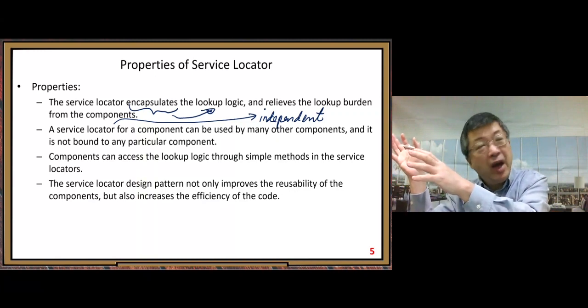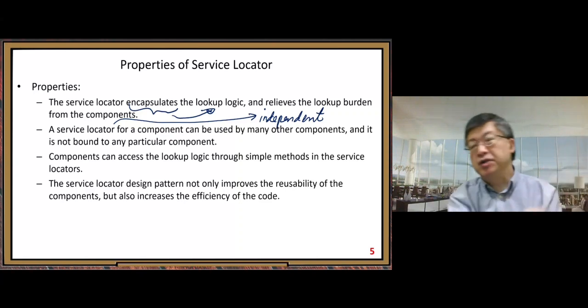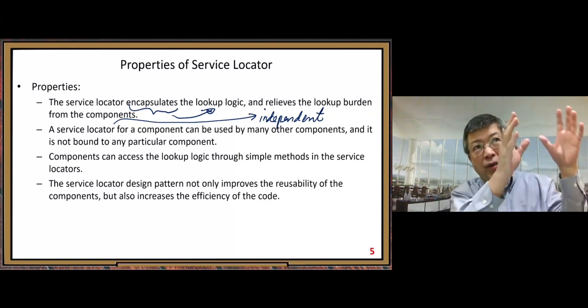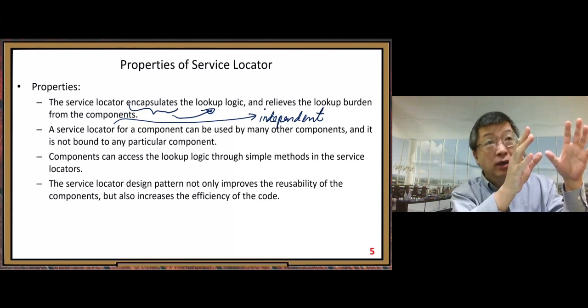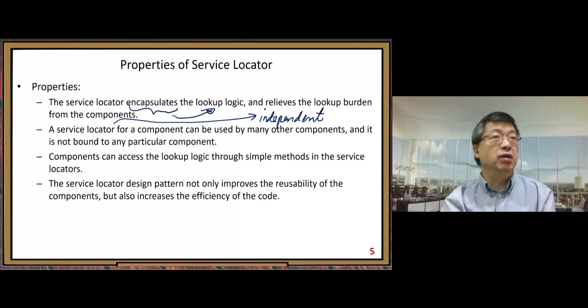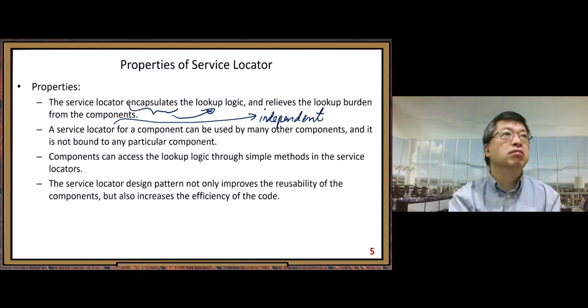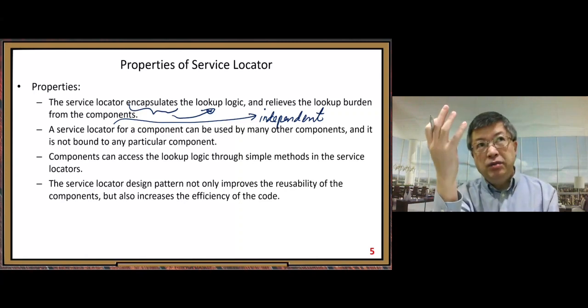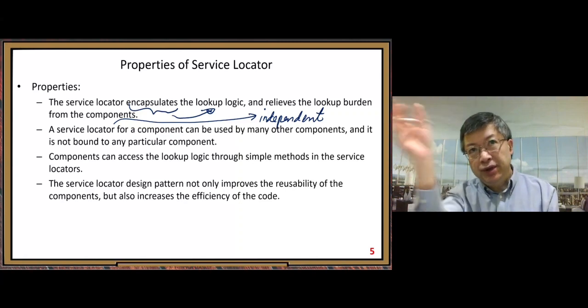We may have a similar feature, so we need to use this business service class. But when we use it, most of the time you need to use a different dependency object. That object you treat as a resource, and suppose you also use one service locator to get it.